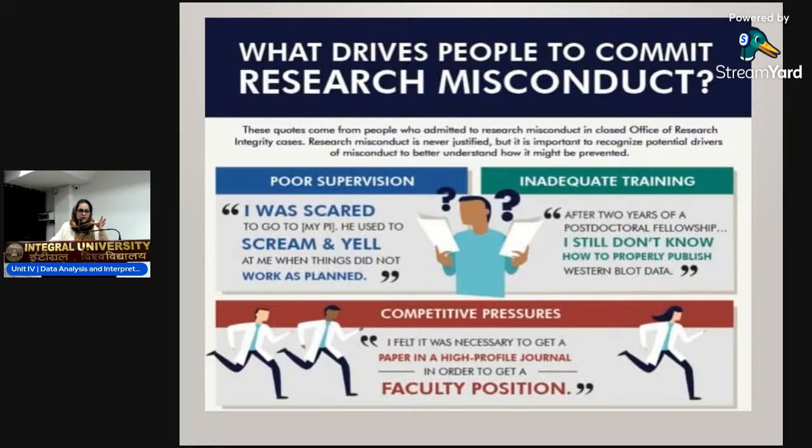healthy. It should not be detrimental to your health, and it should not force you to compromise on your ethics, on your work, right? So compete with yourself. Try to be a better version of your own self. And if you're competing with your peers, compete in a healthy way. Take help from them.